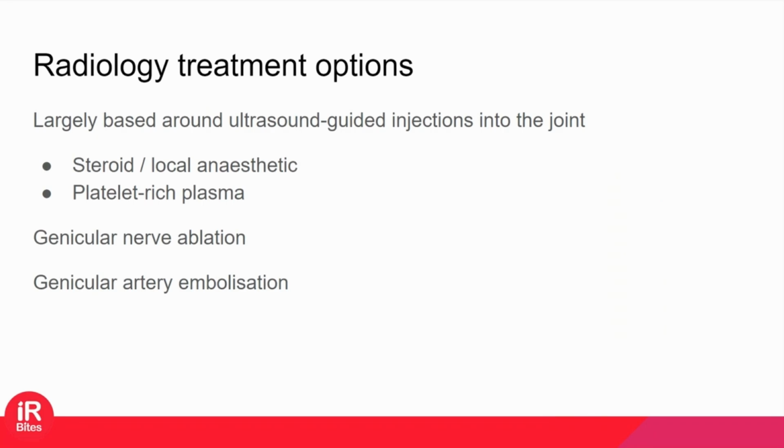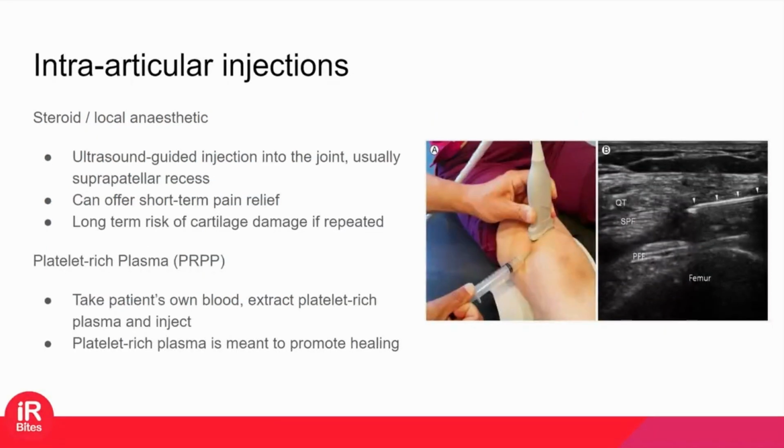Yeah, so as I mentioned, intra-articular injections, or injections into the joint, are an established radiology treatment for osteoarthritis. What that involves is using the ultrasound probe to scan over the joint and locate it, and then passing a needle close to that and injecting the medication there.